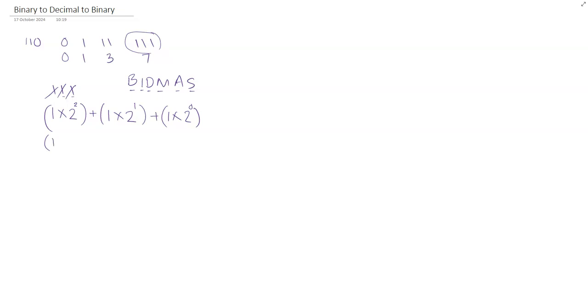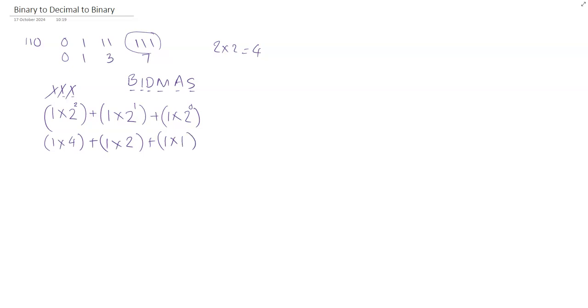So I would still keep the 1 times, but this 2 to the power of 2 means 2 times 2, and that gives you 4. Plus we do the 1 here as it is, and then we add 2 to the power of 1, which is just 2, and then plus 1 here, and 2 to the power of 0 is 1. Any number to the power of 0 is 1.